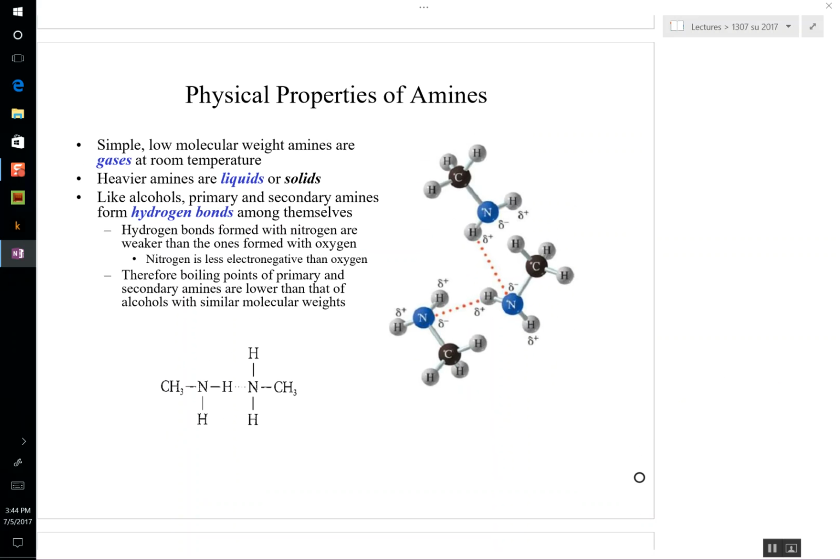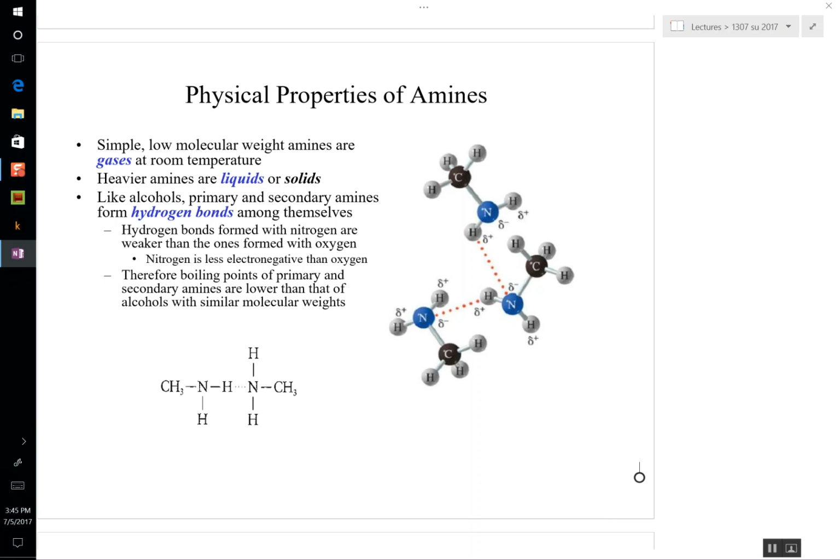Physical properties of amines. I'm not going to dwell on it too much. There is some polarity to a nitrogen-hydrogen bond. It isn't as polar as an oxygen-hydrogen bond, but the nitrogen is going to attract the electron, so it's going to be the negative part of that bond.